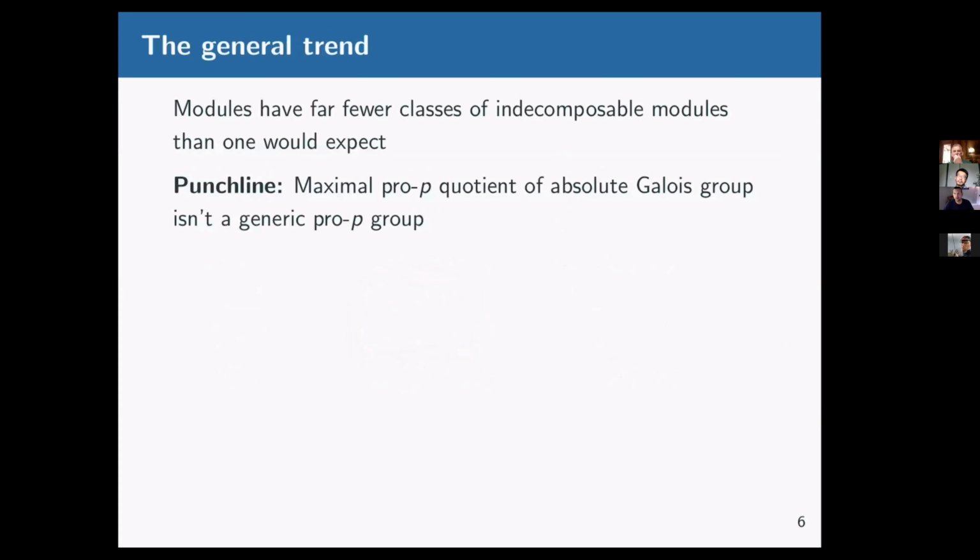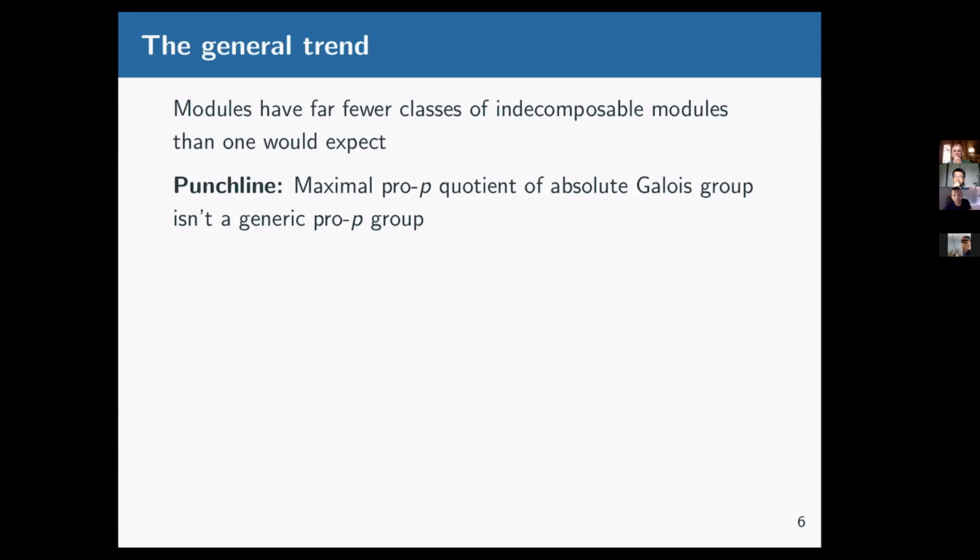What's common about all these decompositions? Well, the thread that runs through all of them is that when you look at the indecomposable types that show up in these decompositions, you get far fewer isomorphism types of indecomposable modules than you would expect.